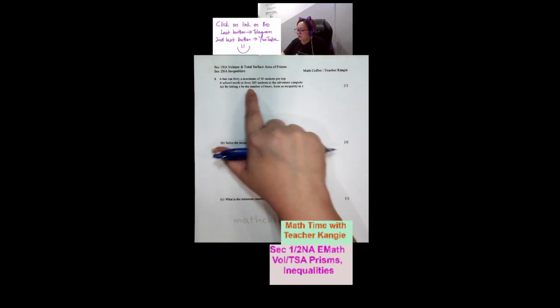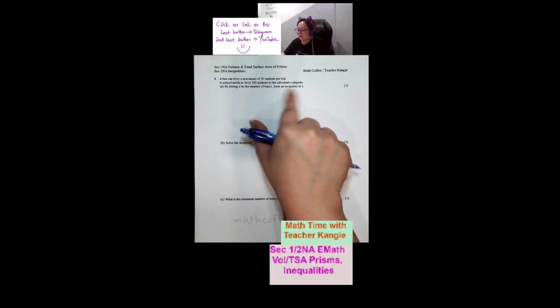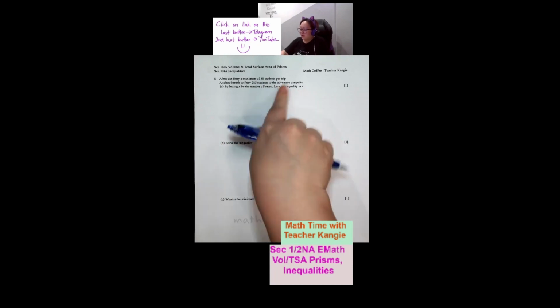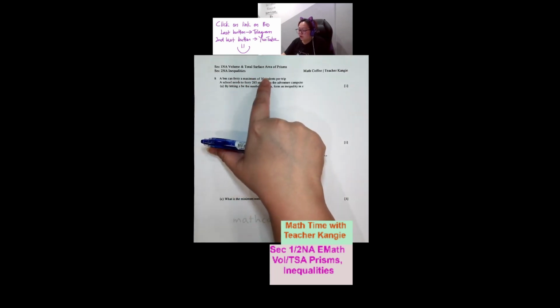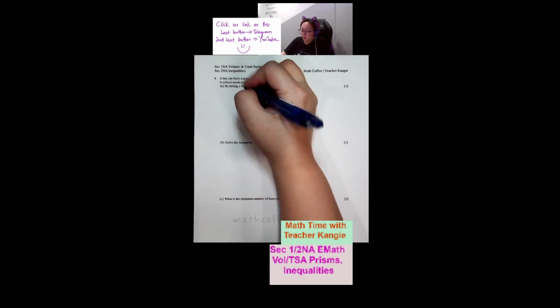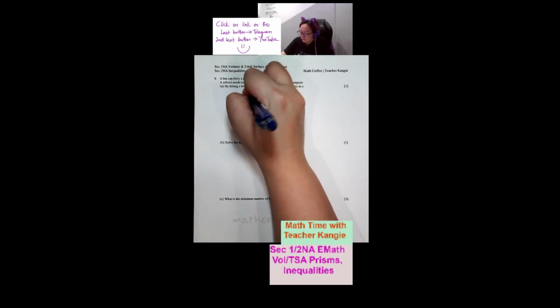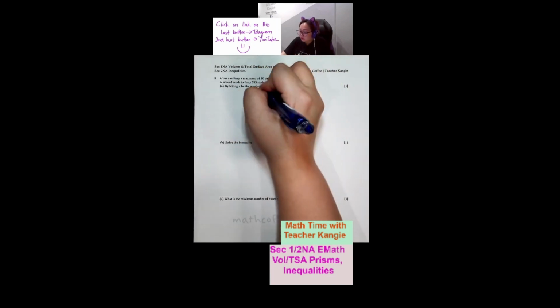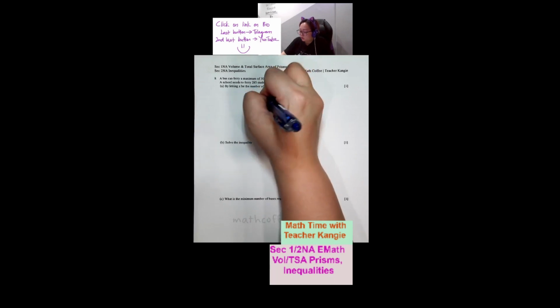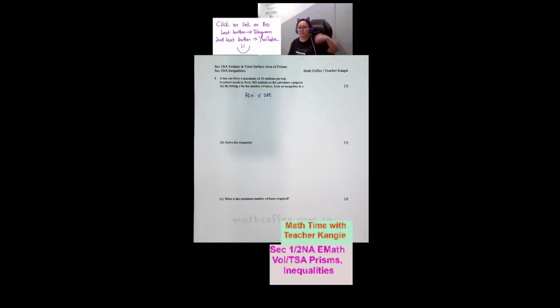By letting x be the number of buses, they ask you to form an inequality in x. Because one bus can take 30 students and we need to ferry 285 students to the camp, we will say 30x, that means 30 multiplied by the number of buses, should be less than or equal to 285 students.